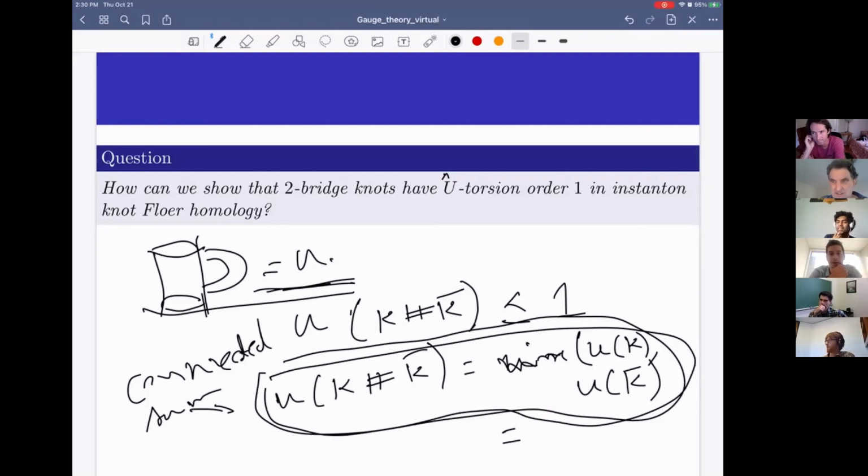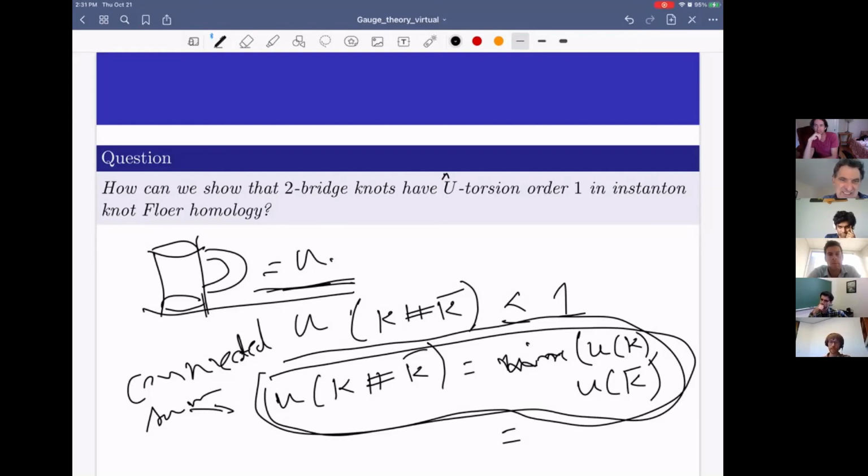John, I can answer the question. It's actually not too hard to show that every A infinity module over F adjoin U is formal, like it's quasi-isomorphic to the one where you forget all the A infinity actions. But if you wanted to find the U action on the tensor product, let's say, you actually need an A infinity bimodule structure on HFK minus of K. You need a bimodule structure, because when you take a tensor product, it always uses up the module structure, since you need another one.